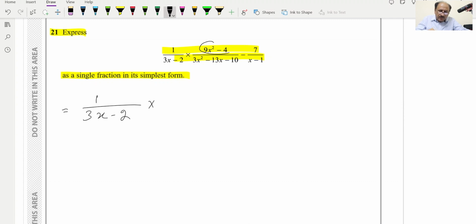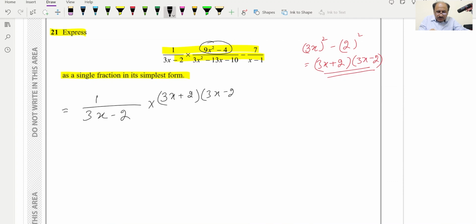This one we can factorize as 3x squared minus 4, which is 3x squared minus 2 squared. So this will be 3x plus 2 and 3x minus 2. We will copy this factorization over here, 3x plus 2 and 3x minus 2.